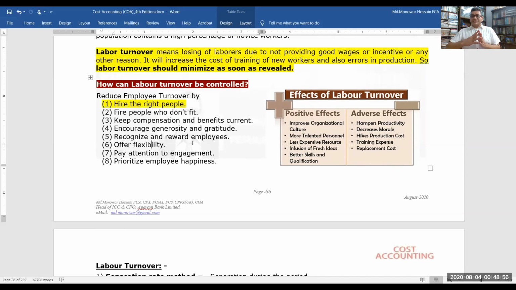Avoid people who don't fit, keep compensation and benefits competitive, encourage gratuity, recognize and reward employees, offer flexibility, pay attention to engagement, etc. These are the points that should be taken by the employer for minimizing and controlling labor turnover.